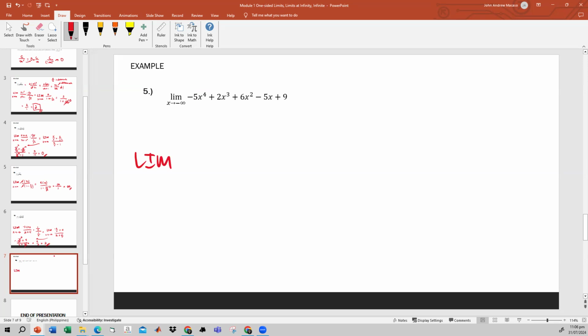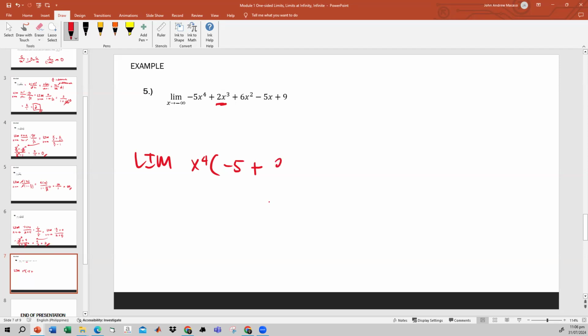This will lead to the limit of x raised to 4 times negative 5 plus, since this is just x cubed, and I need to factor out x raised to 4, I need to write x on the denominator.